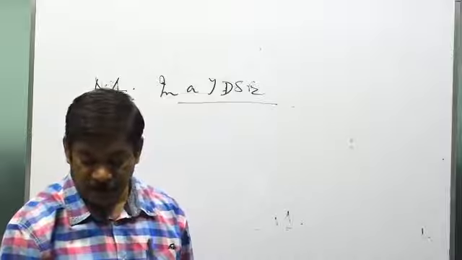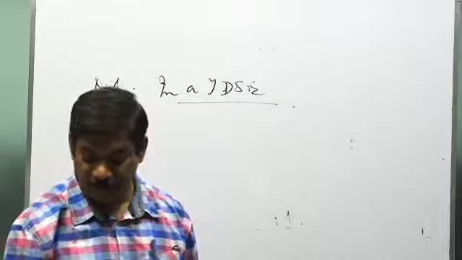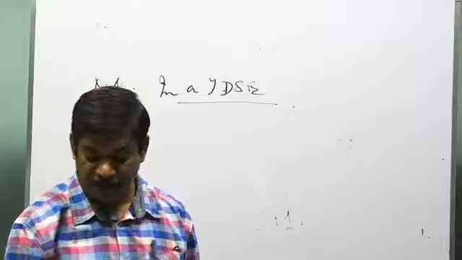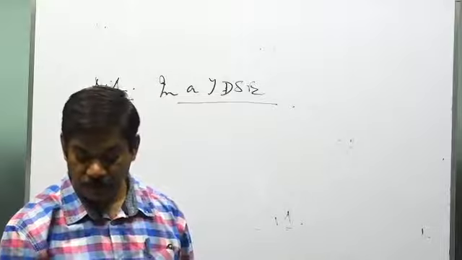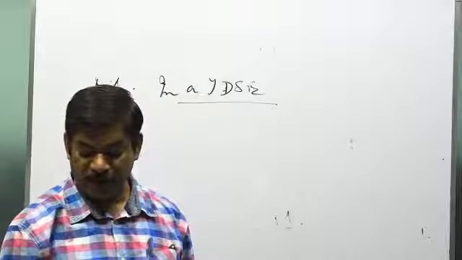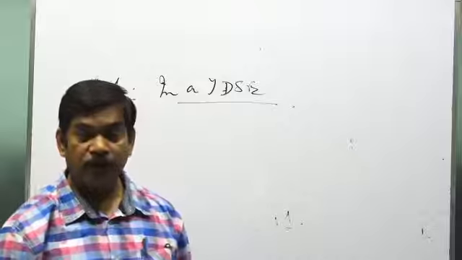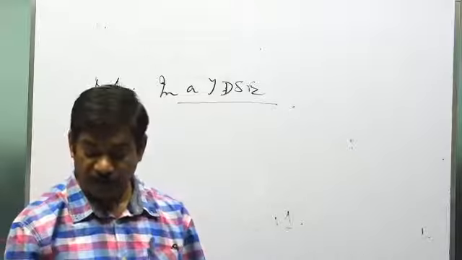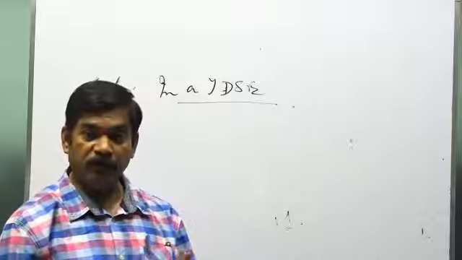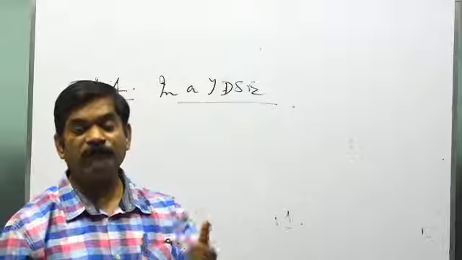It is found that the 8th bright fringe in the medium lies where the 5th bright fringe was in the air. The refractive index of the medium is nearly. What do they say? The 8th bright fringe lies where there was the 5th bright fringe in the air.